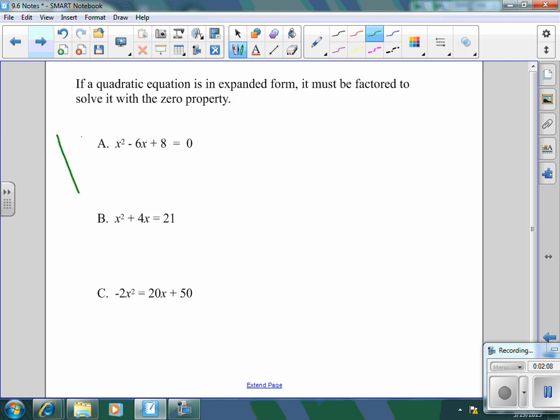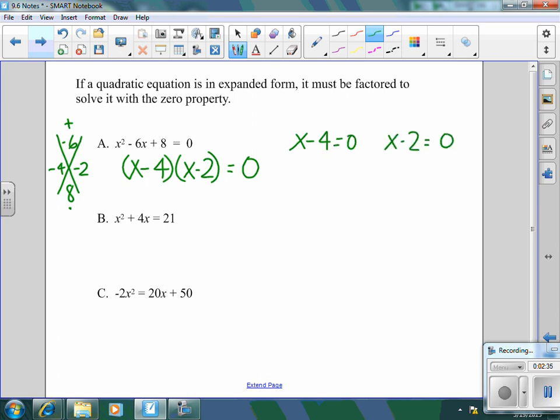But then we want to ask ourselves, what two numbers add to make negative 6 and multiply to make positive 8? So our numbers that do that are going to be negative 4 and negative 2. So we're going to put those two numbers in our factors. And now let's set equal to 0. So zero product property says that we can set both things equal to 0.